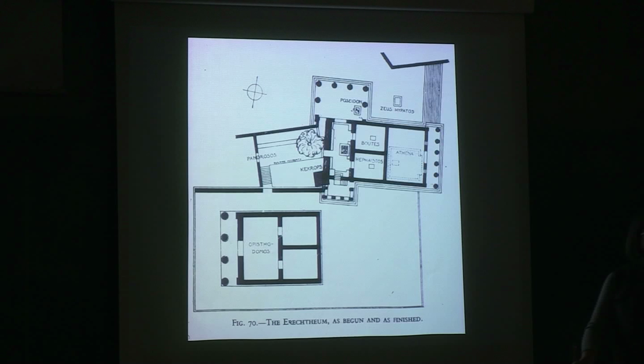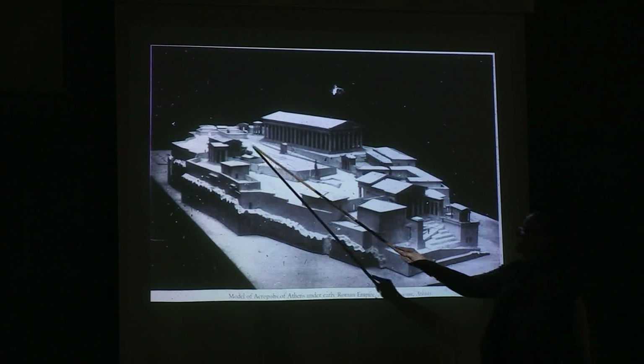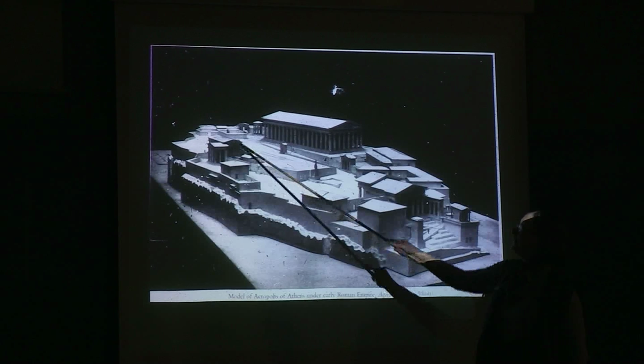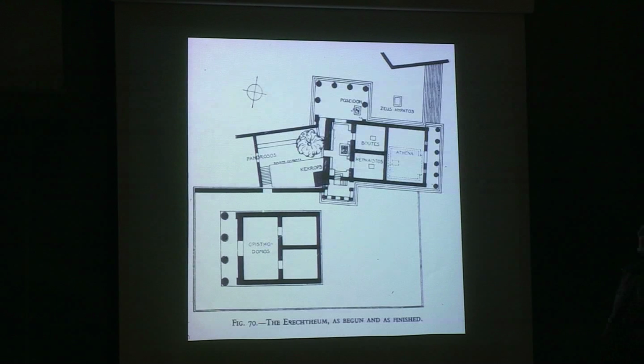In the Erechtheion, what we have is a small area. I mean, if you look at the model here, on the Acropolis, you have this area here compared with that of the Parthenon. And within this small area are several different sacred spots.